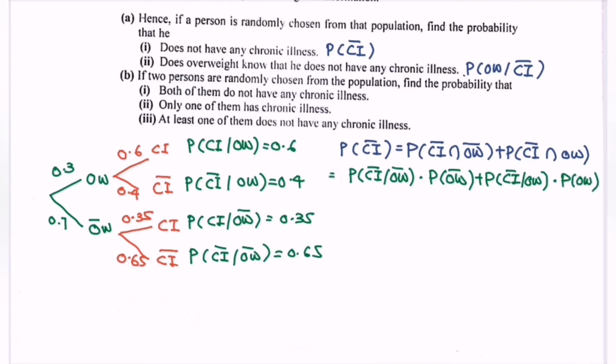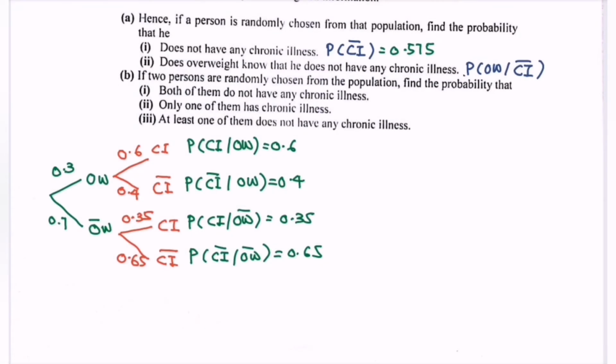So kindly refer to the diagram and pick the answer. Here we have 0.65 multiplied with 0.7 plus 0.4 multiplied with 0.3. By calculator, we have 0.575.